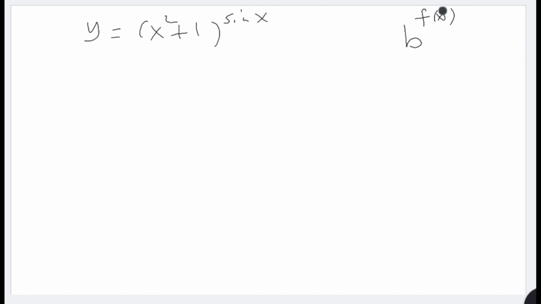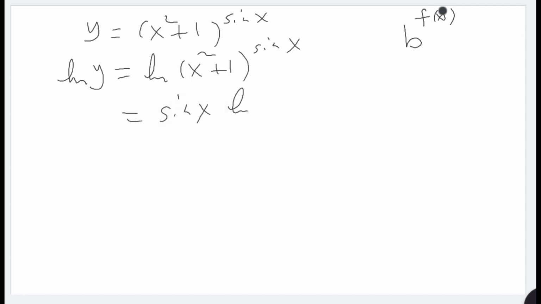And you'll see here, if we use the logarithmic differentiation method, we can do it just like before. So first we're going to take log of both sides. Okay, log y, we know what to do. It's the right hand side. With log now, we can bring sine x down as a power. So the property of log still applies.